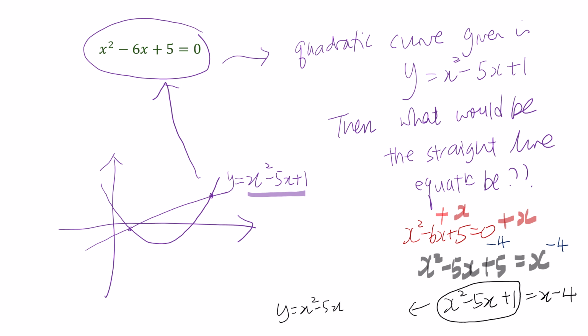So the equation of the straight line will be this one here, which we are required to find. This is the concept that we need in order to do the last part.